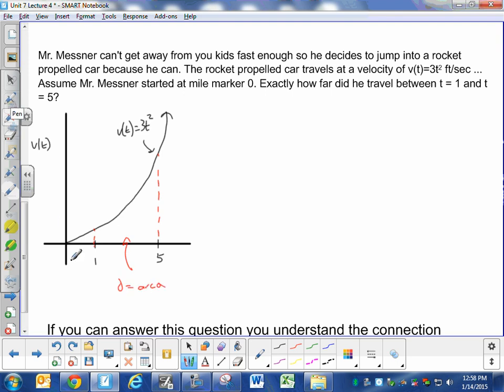Well, can we do base times height to find this? No, it's a curve. This is a lot different. I could use a Riemann sum to approximate it, but I want to know exactly how much area is in here. I need to find this area.